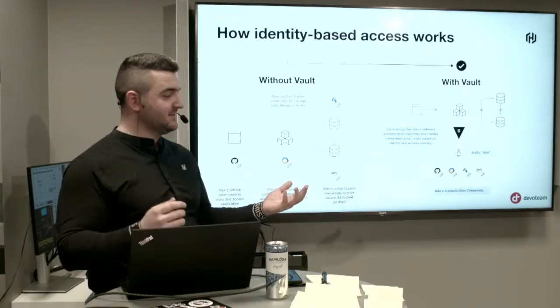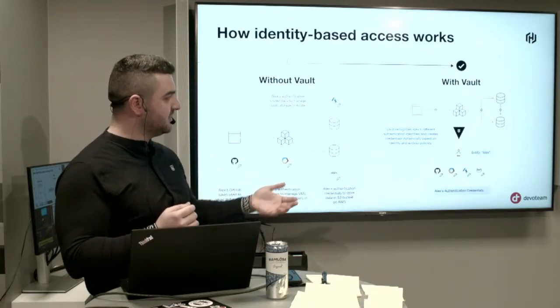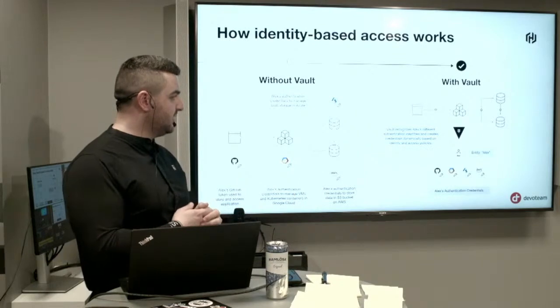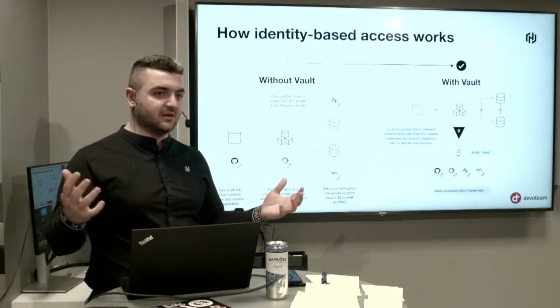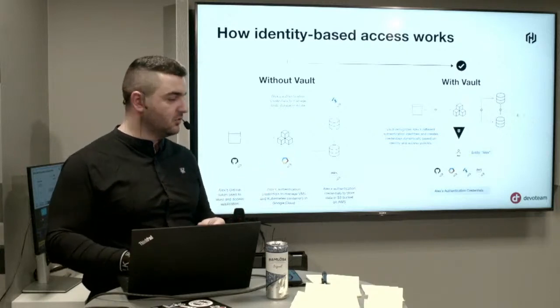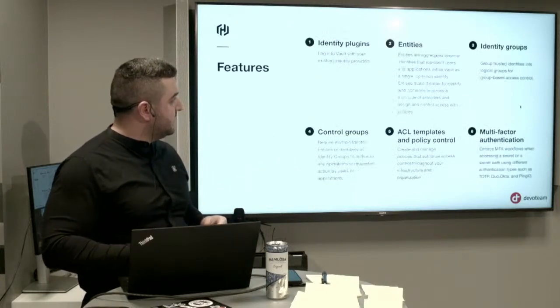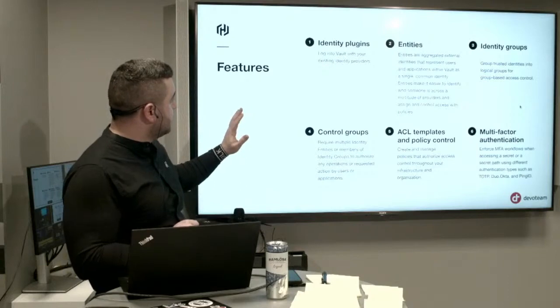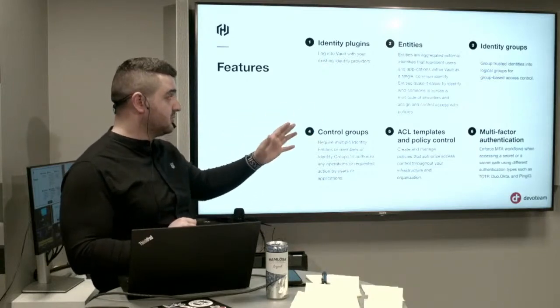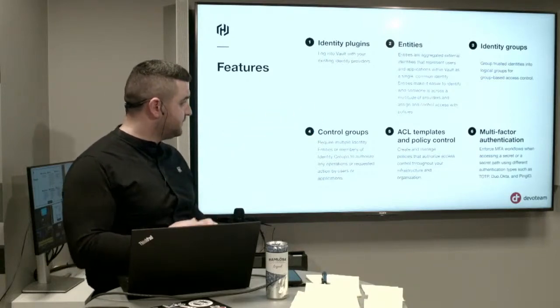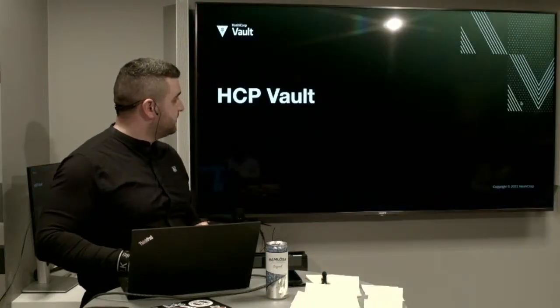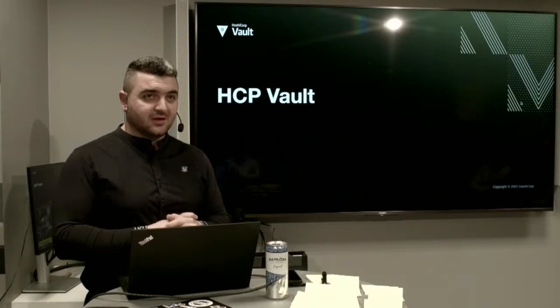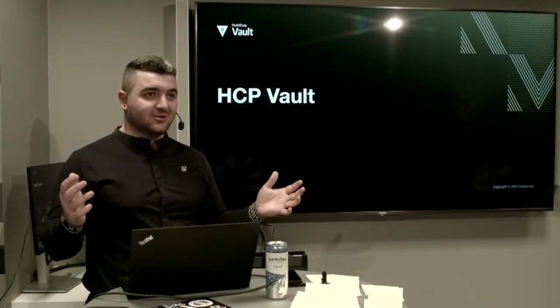So that's where Vault is also really handy. It has this great thing called entities. You can create an entity and then assign all your permissions to one account. And that's where I also want to mention that entities are really great for identity.